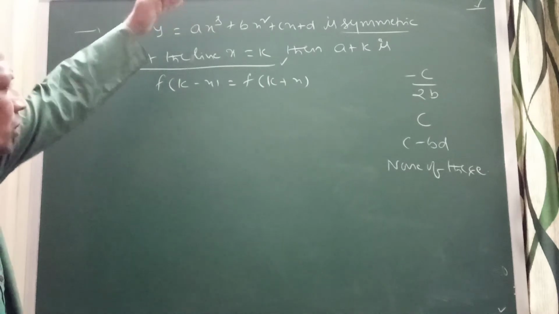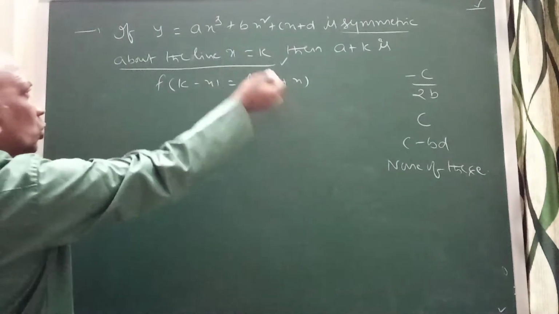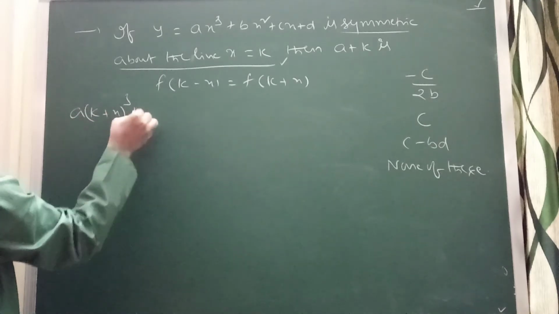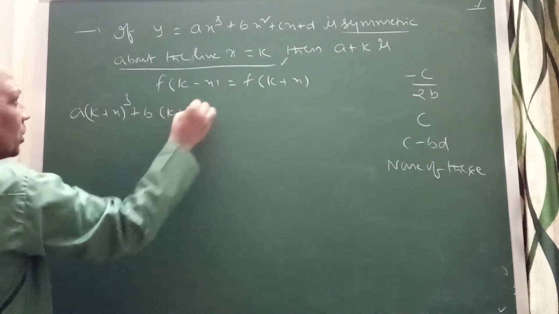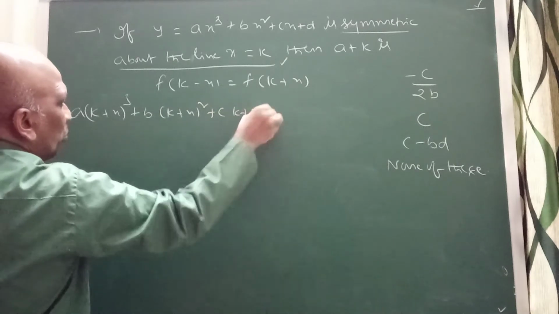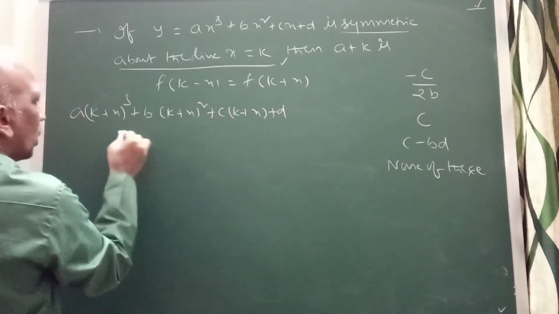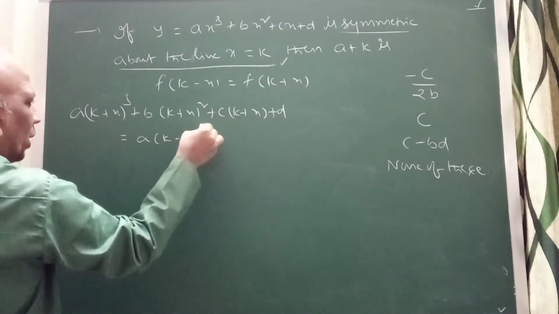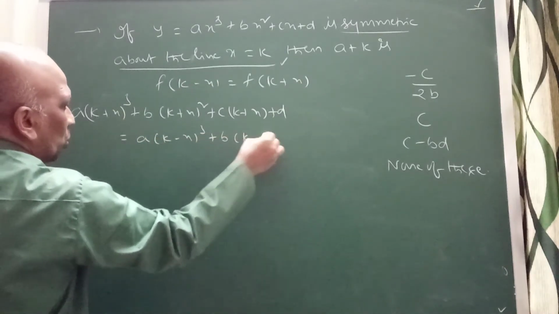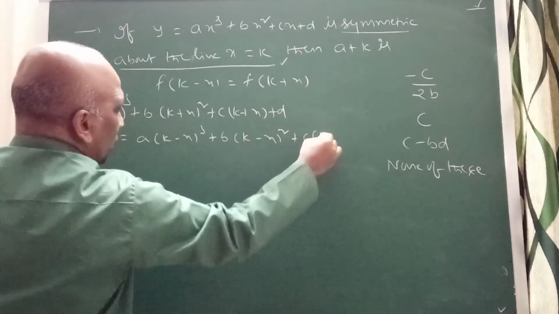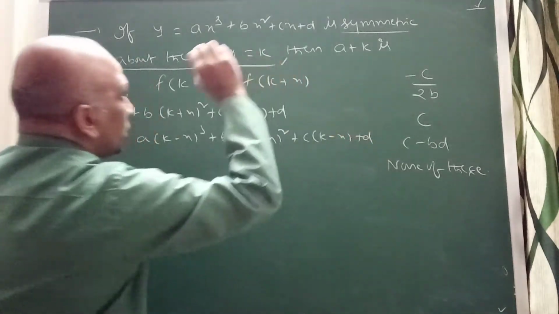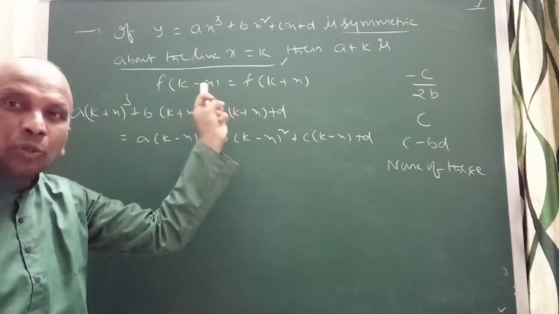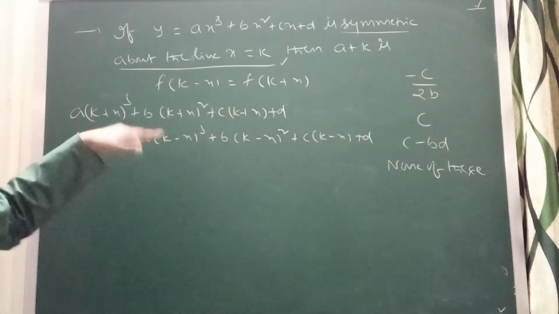If we substitute in this, since these two are the same, I can write a into k plus x whole cube, b into k plus x whole square, c into k plus x plus d, which is equal to a into k minus x whole cube, b into k minus x whole square, c into k minus x plus d. Since it is symmetric about the line x is equal to k, this result will always hold.